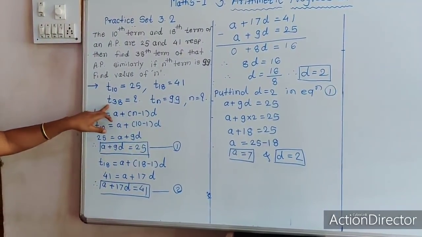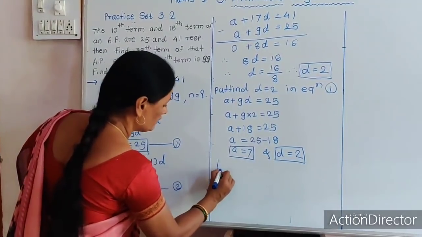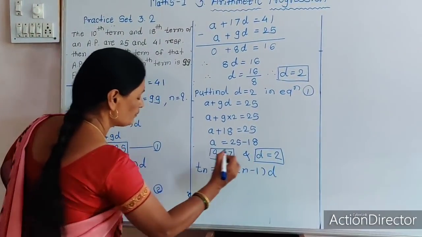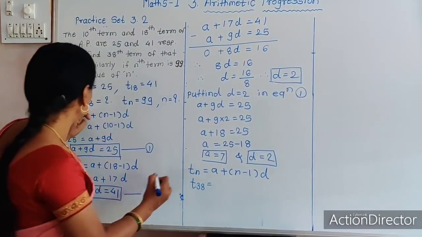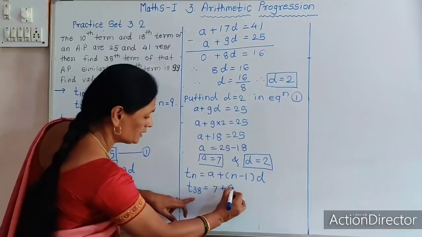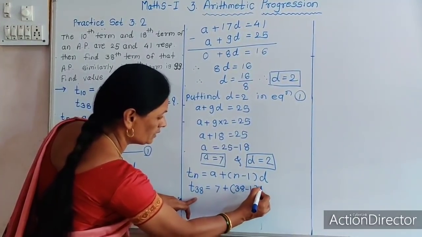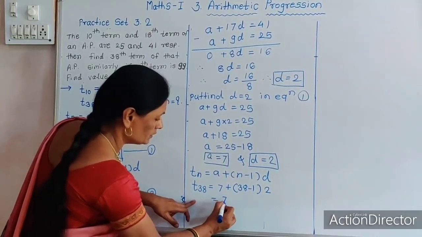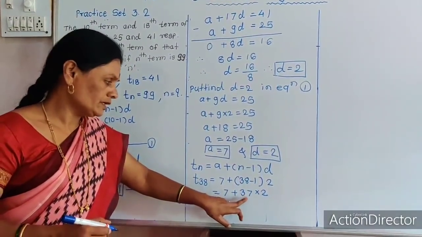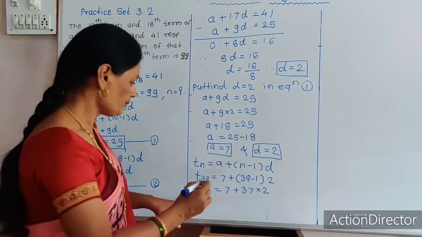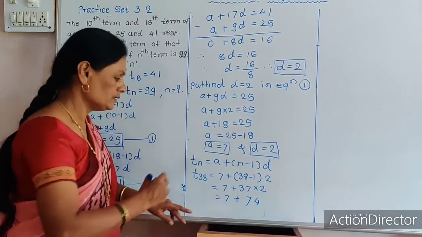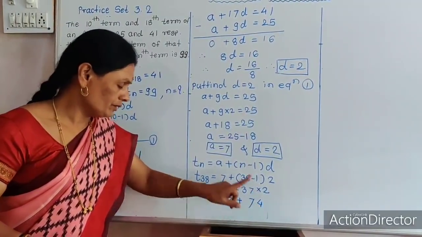Now we have the question: find T38. Tn is equal to A plus n minus 1 into D. We have to calculate T38 is equal to A, the value of A is 7, plus the value of n is 38 minus 1 into 2, is equal to 7 plus 37 into 2. 37 into 2 is equal to 74. So 7 plus 74.